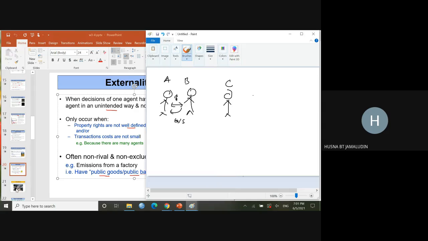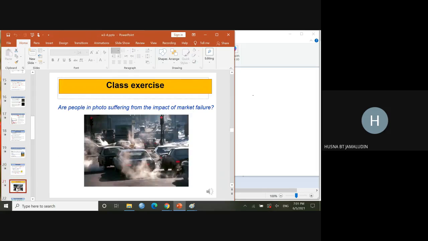If you look at this image, these people are driving their car. They are involved in the transaction, maybe because they want to go to the office or go to work.